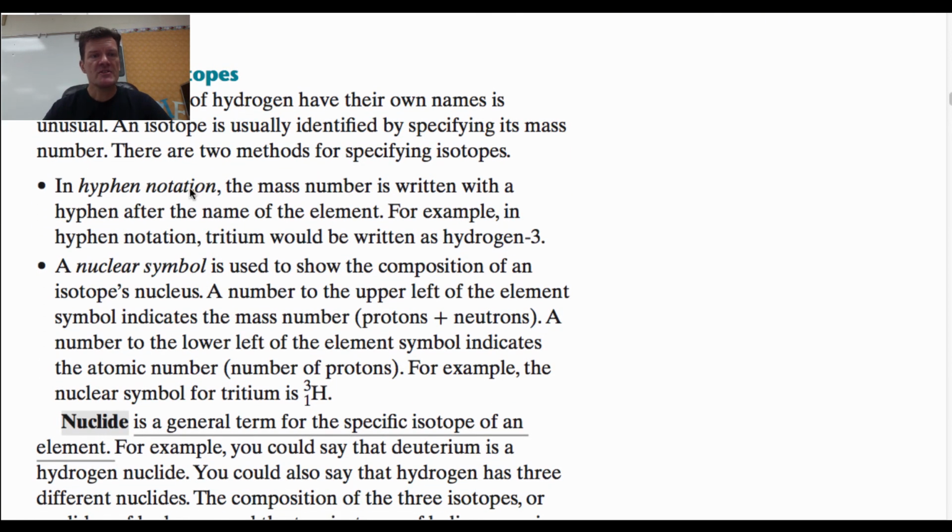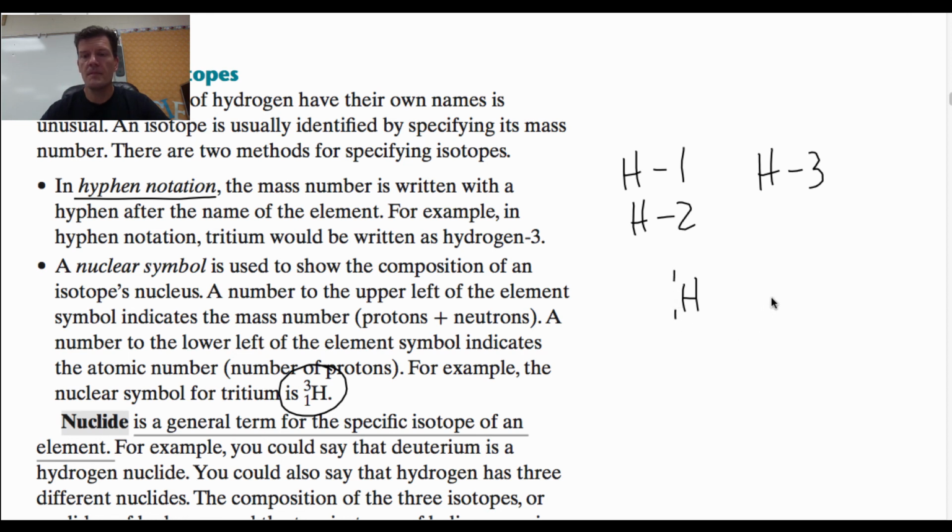All right, as mentioned, we can use the hyphen notation, so we can write hydrogen 1 or hydrogen 2 or hydrogen 3 like this. Or we could use this other way to write the symbol. We could write hydrogen 1 as hydrogen, it would be 1 and 1. Okay. Hydrogen 2 would be 2 and 1.